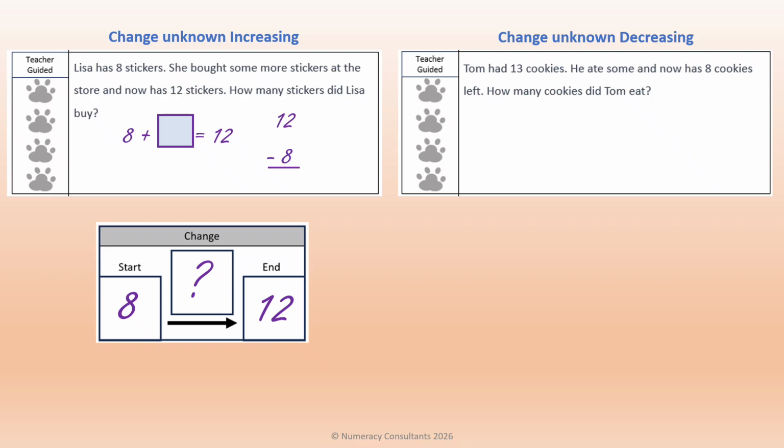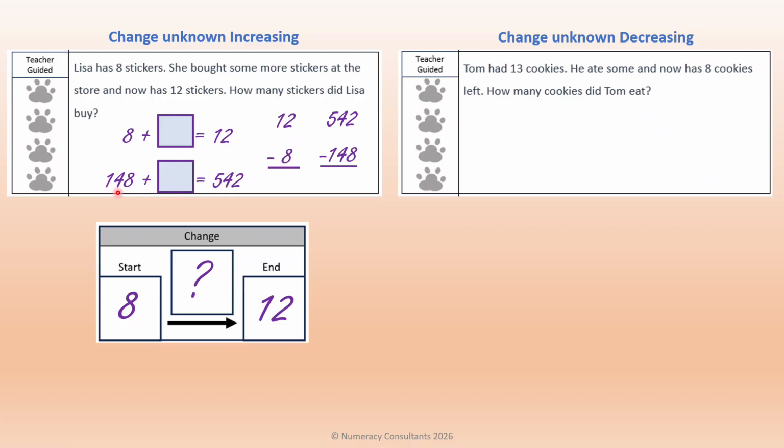Also, you want to show them that you could solve it this way, but you also can set it up as a subtraction problem, because if we're starting at 8 and we added to get to 12, we can subtract 12 minus 8 and figure out what that change was. Also, it's important to realize when you're teaching kids strategies, where are you going to use missing addend or subtraction? Just remember this, and not too far in the distant future, they're going to be dealing with 3-digit numbers.